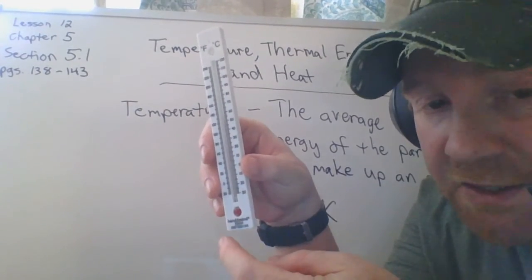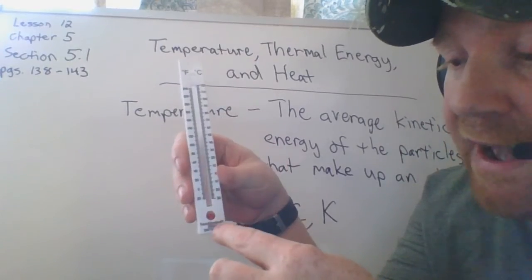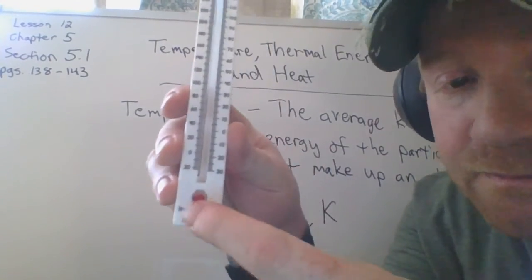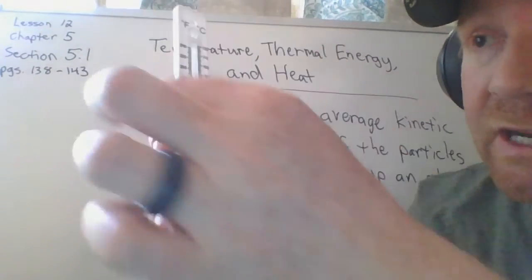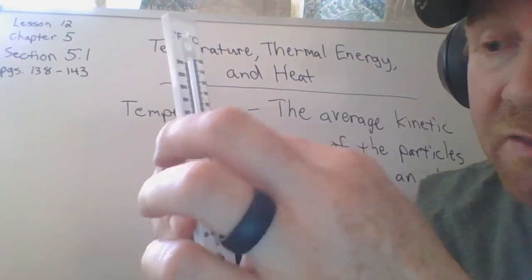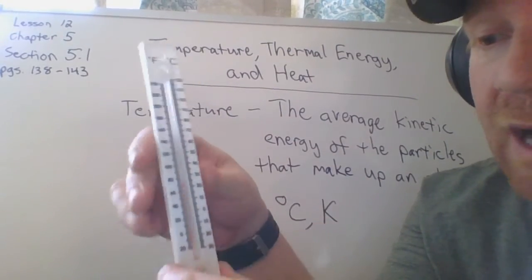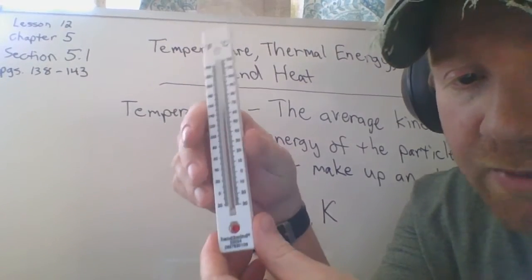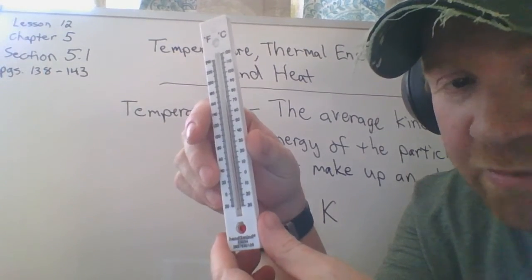If the particles of air are moving extremely fast, they're going to be smashing into this bulb right here, which makes the pressure in the bulb go up. So that's going to raise the liquid. It's an alcohol thermometer. But the point is, it's all about the motion of particles.